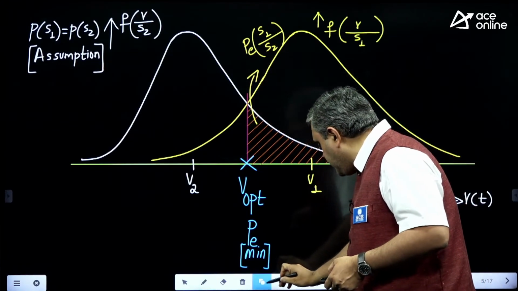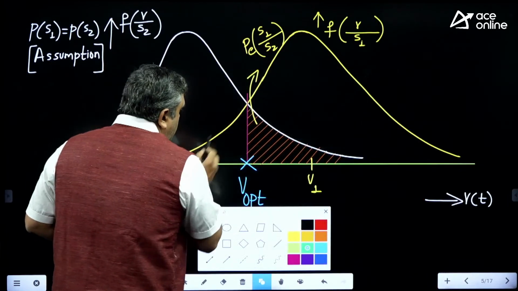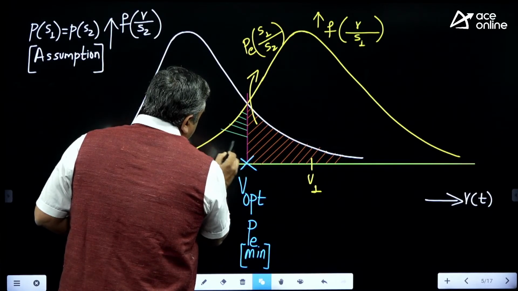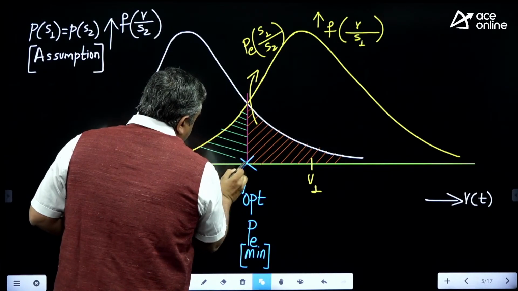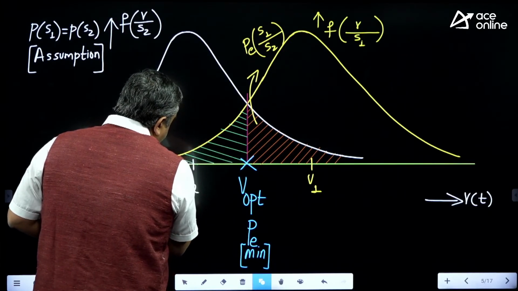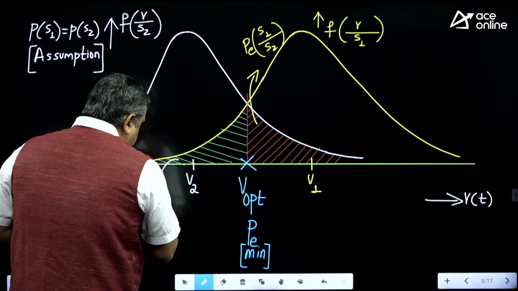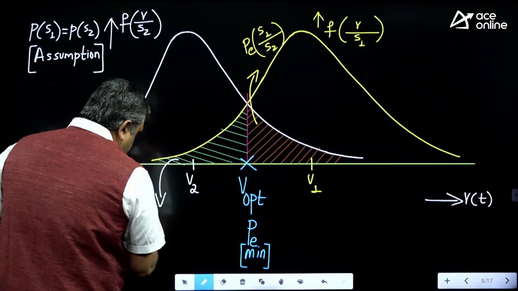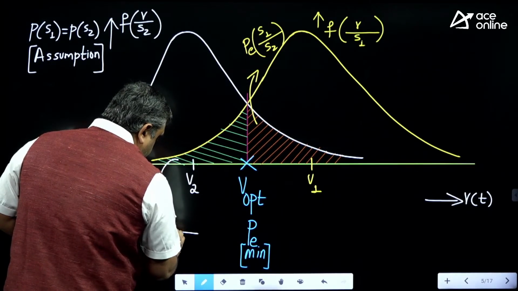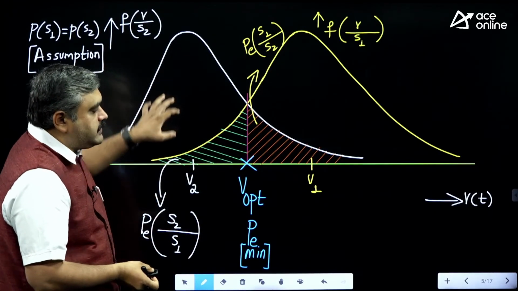Now similarly, what is the other error region? You can take this part. This yellow curve actually belongs to S1, but now it is coming less than VOPT. That means all this region is the probability of error where you have transmitted S1, but it is decoded as S2. Finish. So this is how you calculate the error.